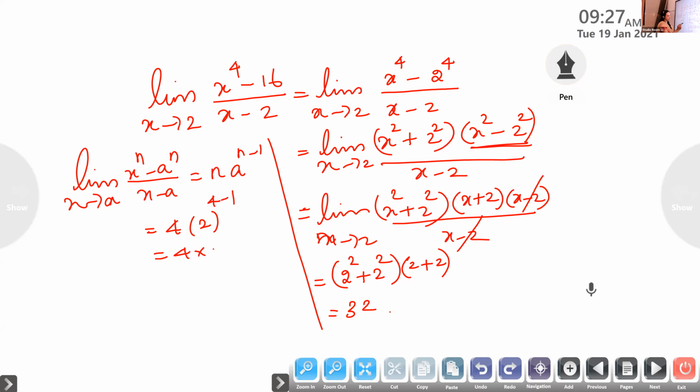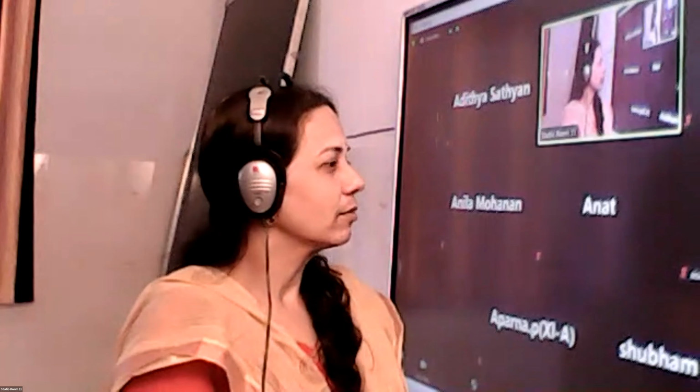So 4 into 2 cube, which is 8. Is it clear, children? This way also it is allowed. Both are equivalent. Is it okay, children?